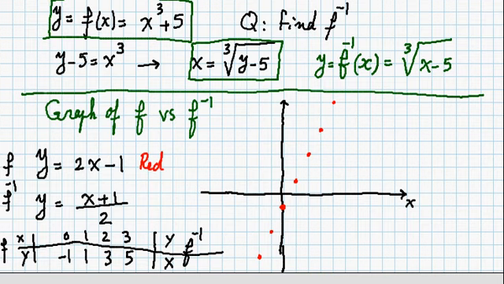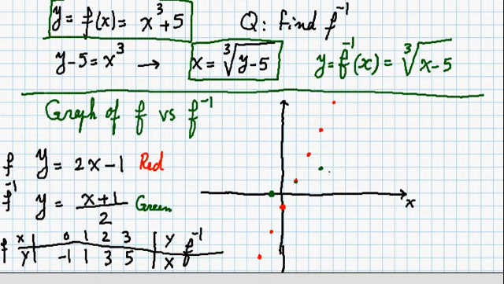Let's go ahead and graph the other one in, say, green. Well, this one, when x is minus 1, y will become 0. When x is 1, y also becomes 1. When x is 3, y becomes 2.